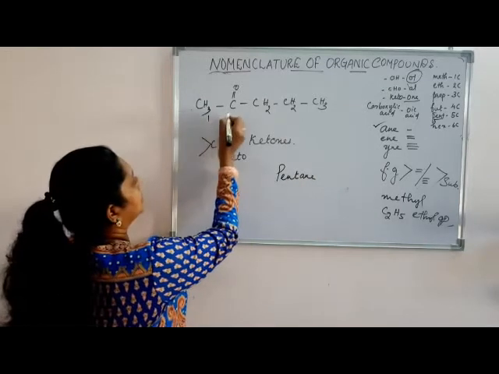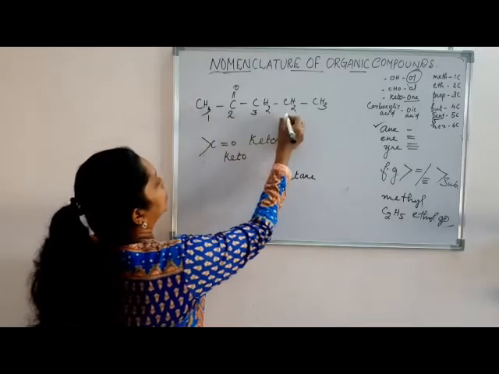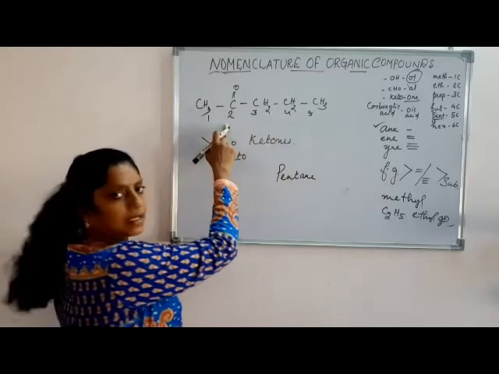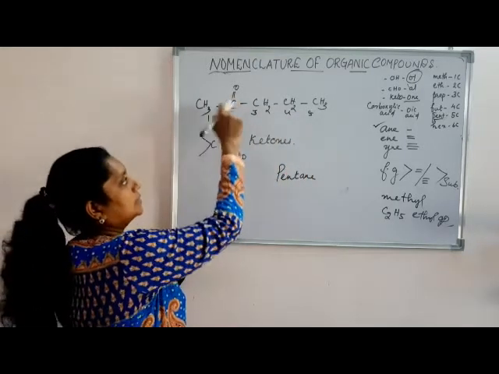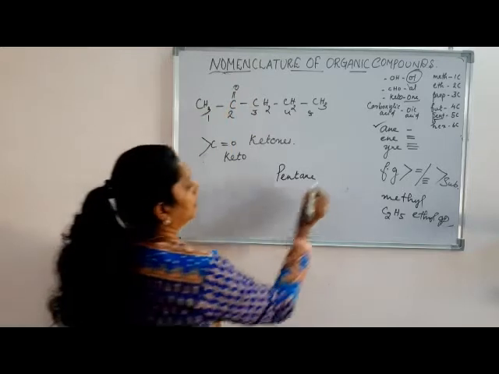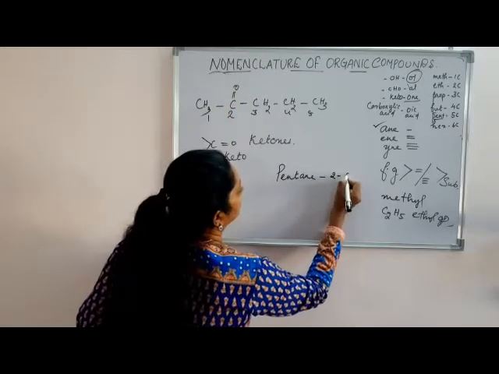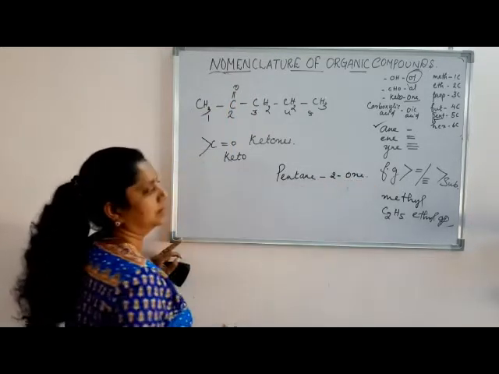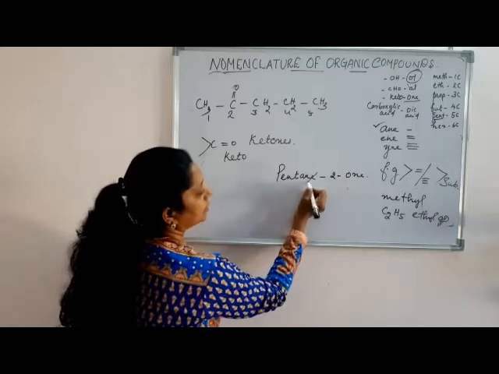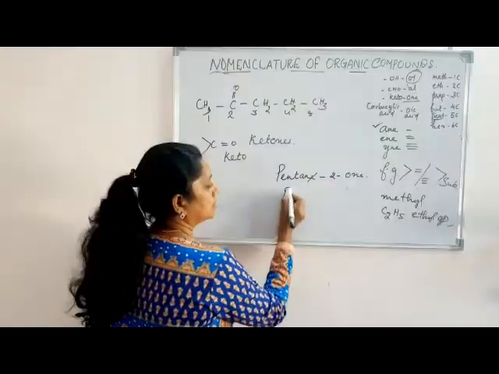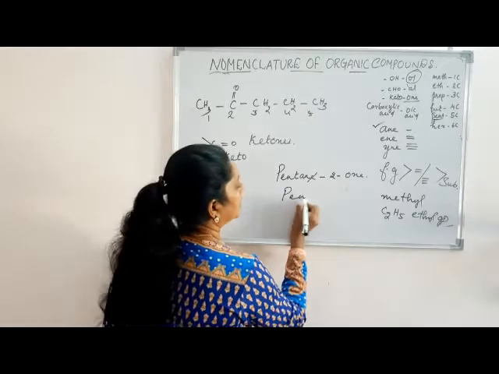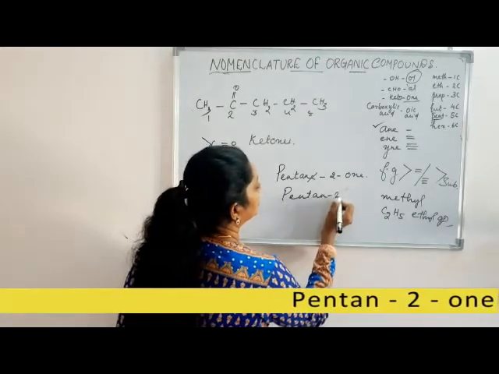And the numbering starts from 1, 2, 3, 4 and 5. The second carbon atom has the keto group. So pentane-2-one. Here a vowel sound, so we are dropping E. Hence it is pentan-2-one.